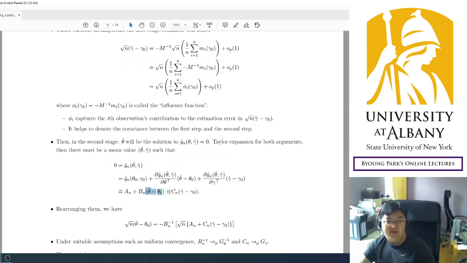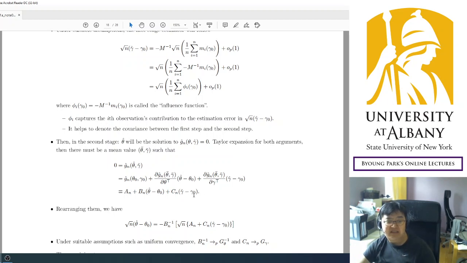So this part will be treated differently. We are going to plug this result into this part. That's why we defined the influence function. So it is known, so it is not a big problem. We want to know this. We need this part. And A_N, B_N, C_N, we know how to handle them.